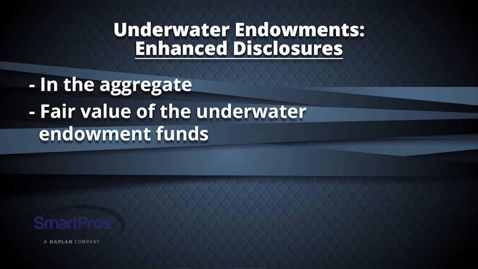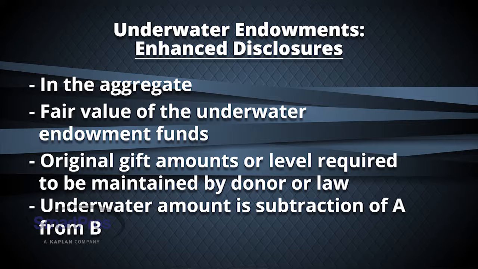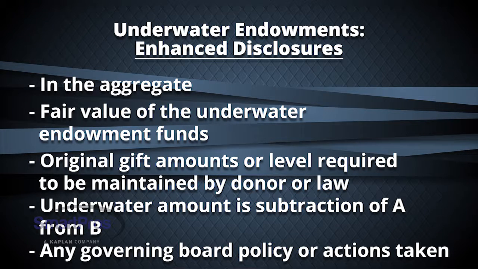Add them up, and disclose the fair value of the endowments that are underwater in the aggregate, the amount required by the donor or law to be kept intact, the underwater amount, which is simply the subtraction of A from B, and any board policies or actions taken to spend or expend money from underwater endowments.